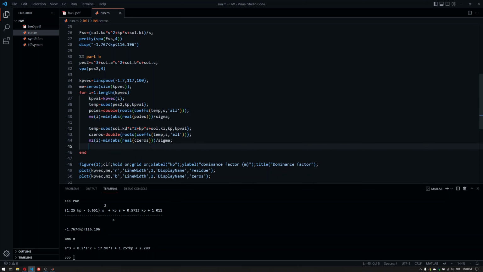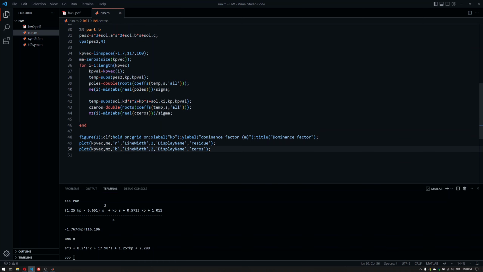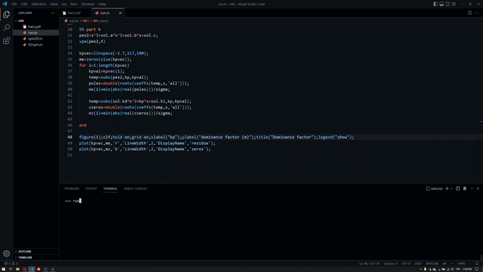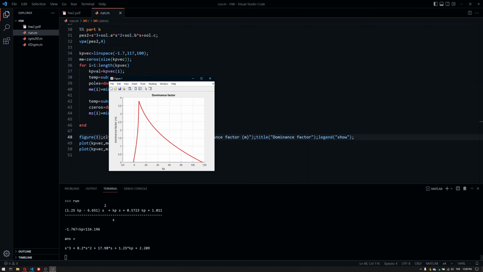It doesn't really matter if it's a pole or a zero, but we're looking for the real value of the zeros, take the minimum of the absolute value, or you can also use the negative sign, and then divide it into sigma, and we will have mz. Yeah, it takes some time. I don't know why.